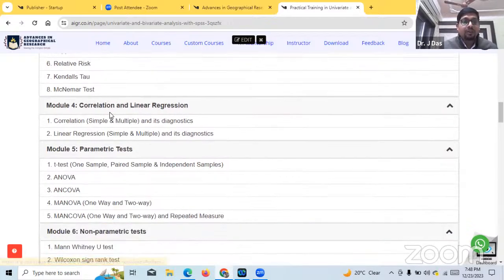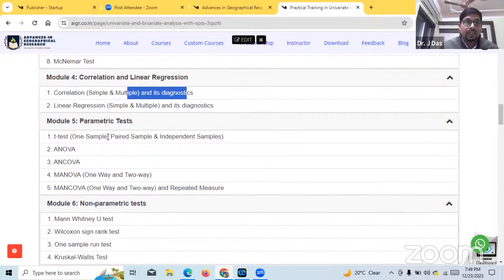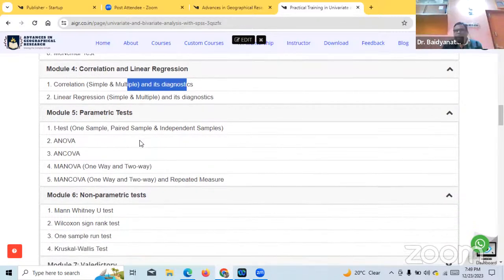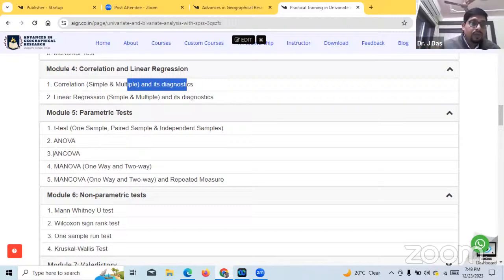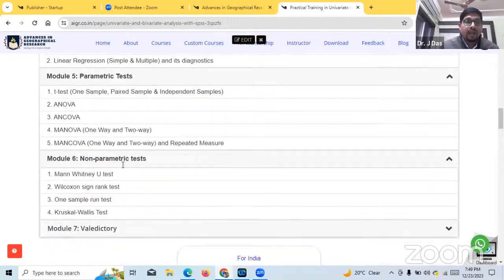Another important part, correlation and linear regression: Dr. Pal explained simple and multiple linear regression and correlation analysis. Today we learned how to perform the t-test, ANCOVA, MANOVA, MANCOVA. Already Dr. Pal explained ANOVA, and we also learned non-parametric tests like the Mann-Whitney U test, Wilcoxon signed rank test, one sample run test, and Kruskal test.